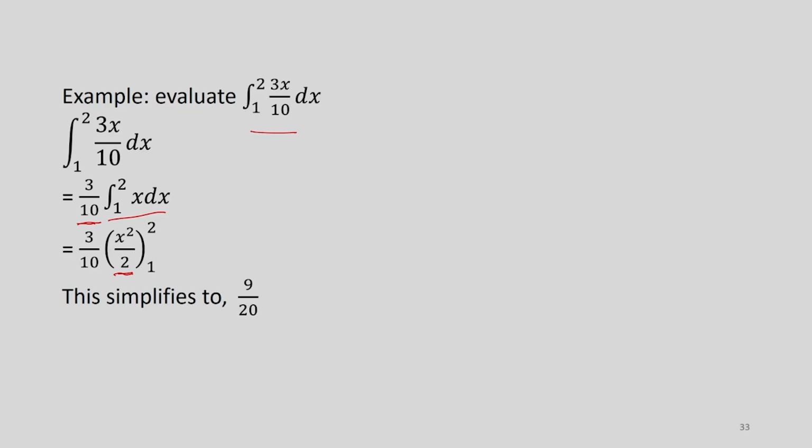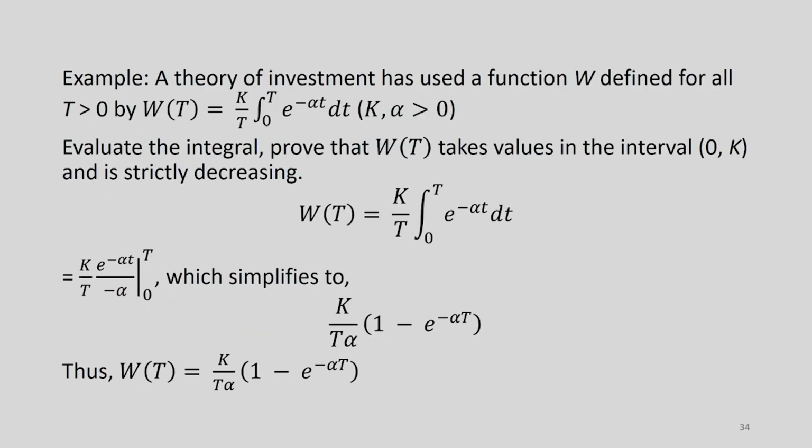So essentially what we are doing is 3 divided by 10 multiplied by half of 2 squared minus 1 squared, and that essentially boils down to 9 divided by 20. Okay, this was a simple problem of definite integral.